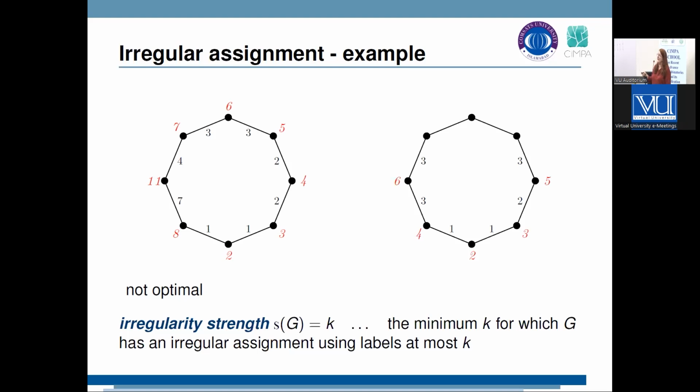Then from the other side, we get 6. Then 7 is the sum of 3 plus 4. And when we assign number 5 here, we are done, because we see that all vertex weights are distinct. Okay? So is it clear how we obtain it?